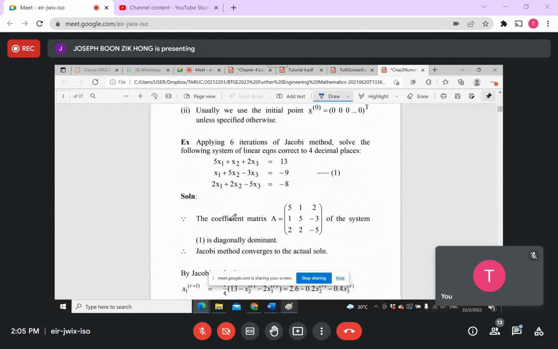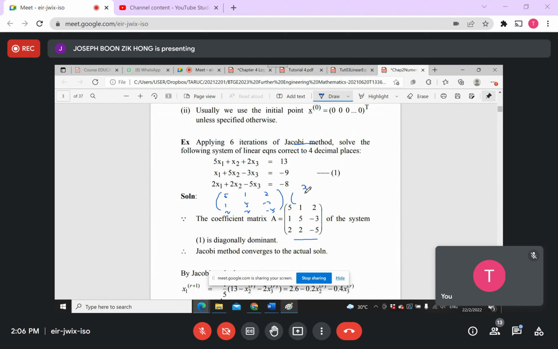This one. Okay, in order to use the Jacobi method, you have to make sure your A is diagonally dominant. So what we do is we take out A, which becomes 5, 1, 2, 1, 5, 2, 2, negative 3, negative 5. So this one is your A. What is your X?